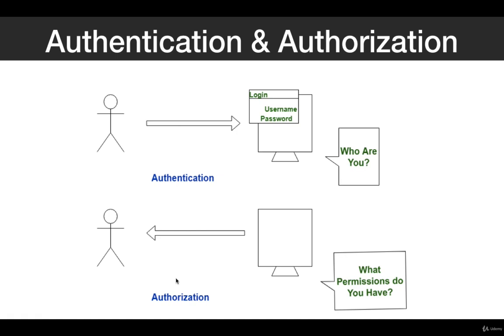Let me give you a simple example. We all have been in college sometime. You as a student, if you are going to the college, your security person is going to ask for authenticity, that you are an authentic person to enter into the college campus. If you are not an authenticated person, you will not get entry to the college campus.